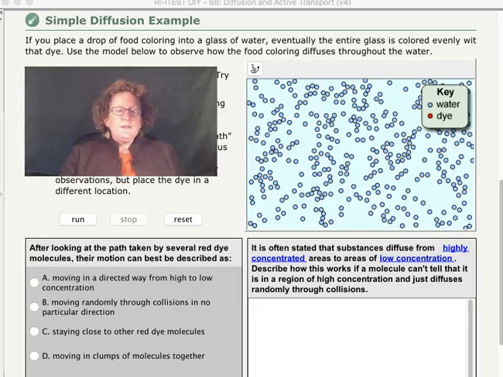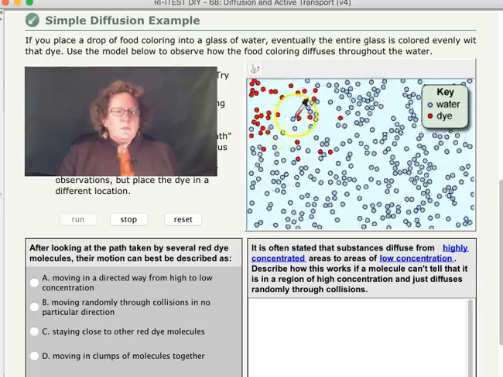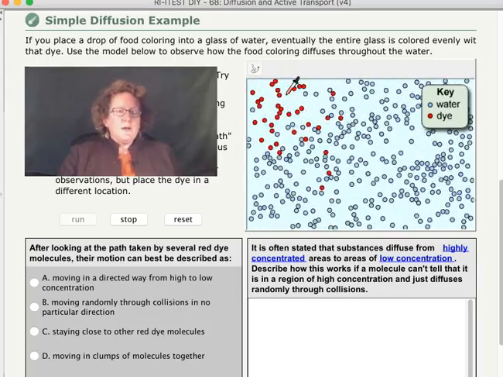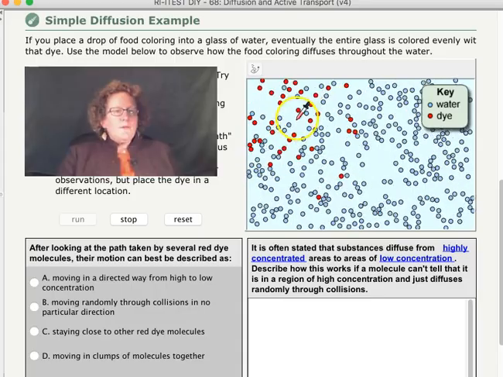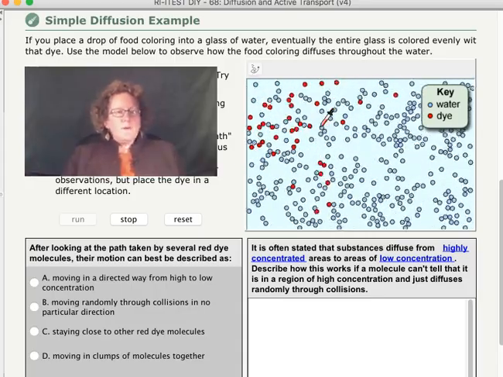The reason we're studying diffusion is to understand how molecules get into and out of cells and how cells come to equilibrium. We're going to start by looking at a really simple model of diffusion. This represents food coloring molecules, and how they randomly bump into molecules of water and spread out over time.